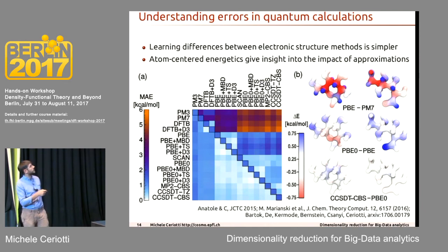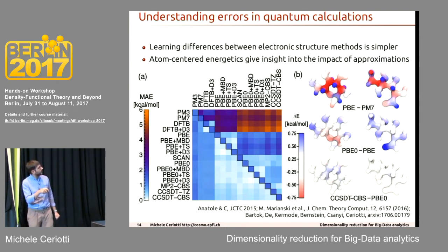However, I want to point you at the insight that you gain by this exercise. So this is a figure that contains a lot of information, so bear with me. On the upper triangular side, I'm showing you the intrinsic discrepancy between 2 techniques. So you see that basically semi-empiricals have a very large error compared to anything which contains exact exchange or post-Hartree-Fock terms. And you see that there is a very considerable improvement when you go from plain GGAs to hybrid functionals.